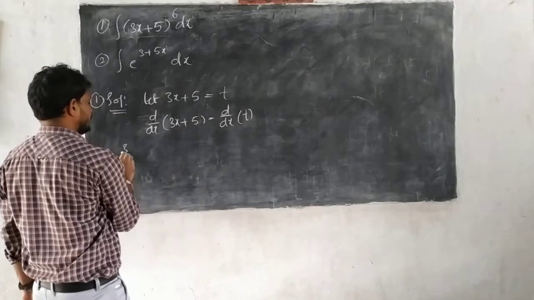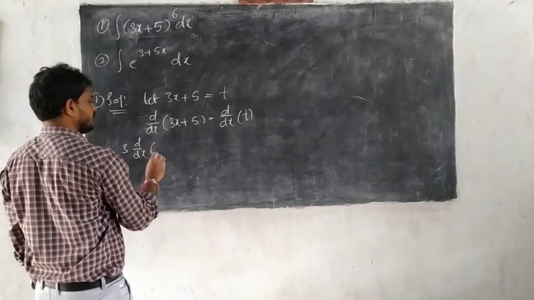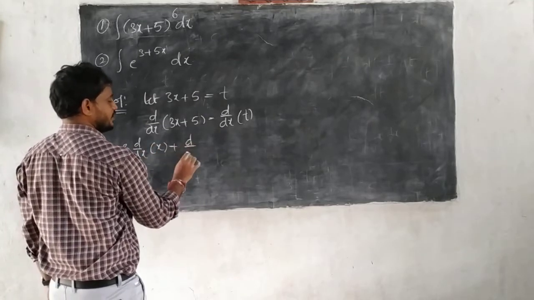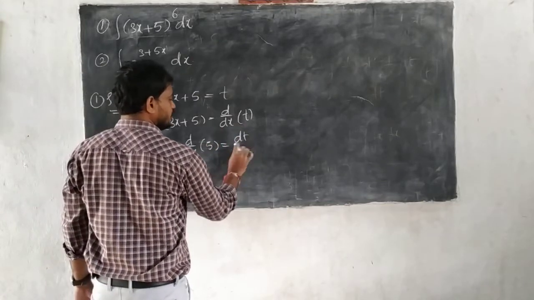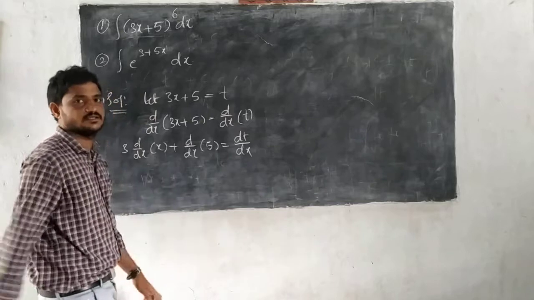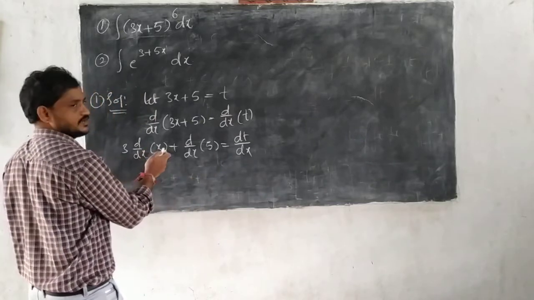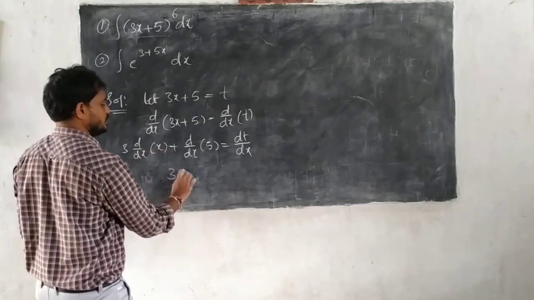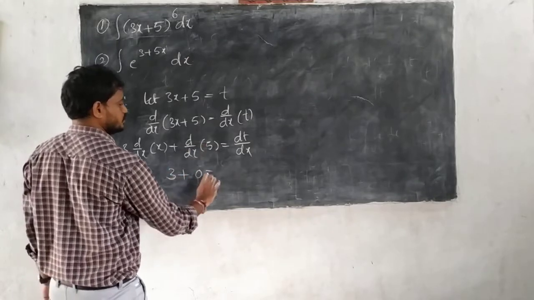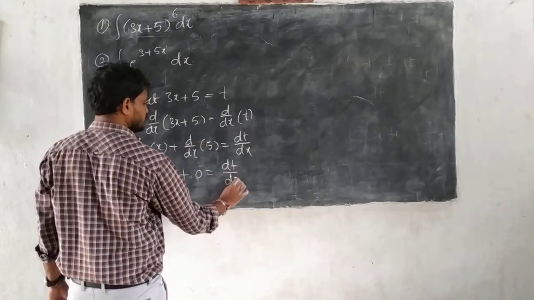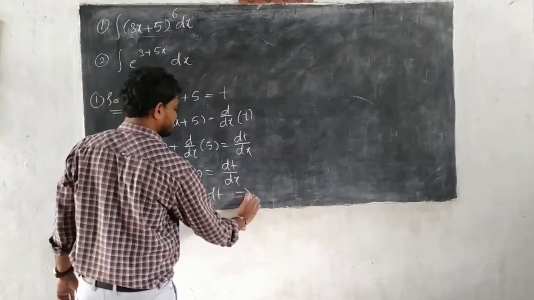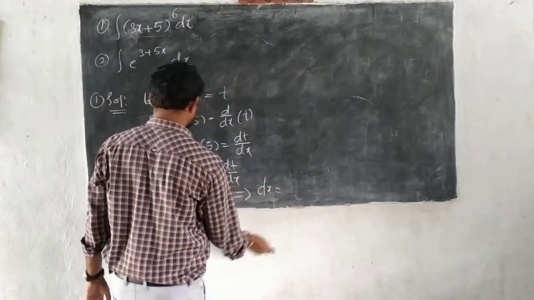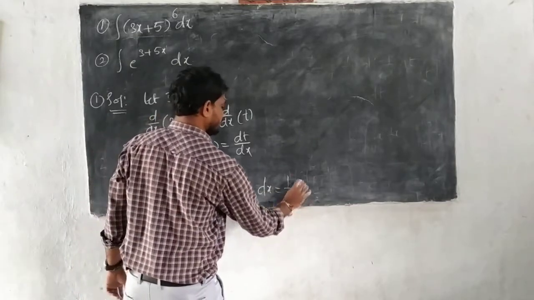Write 3 outside: d by dx of x plus d by dx of 5 is equal to dt by dx. d by dx of x is 1, so only 3, and this is 0, equals dt by dx. From that, 3 into dx equals dt. From that, dx equals 1 by 3 into dt.